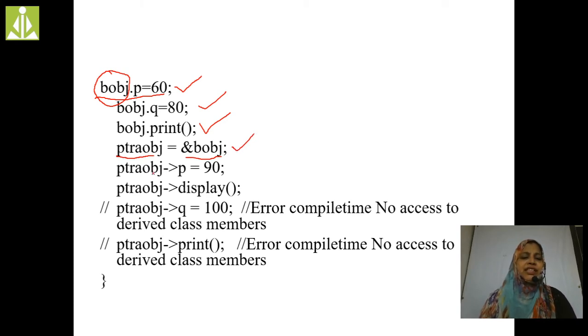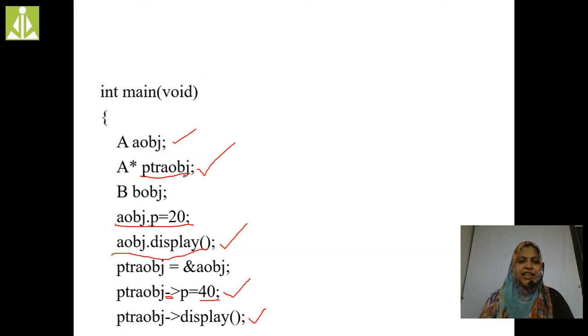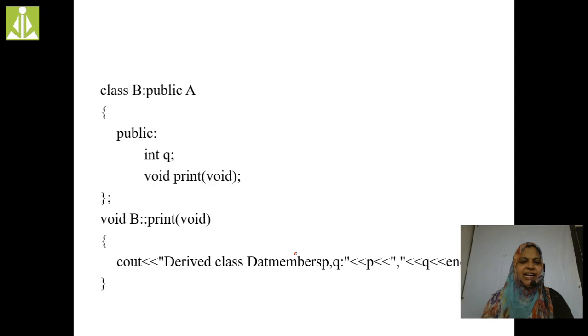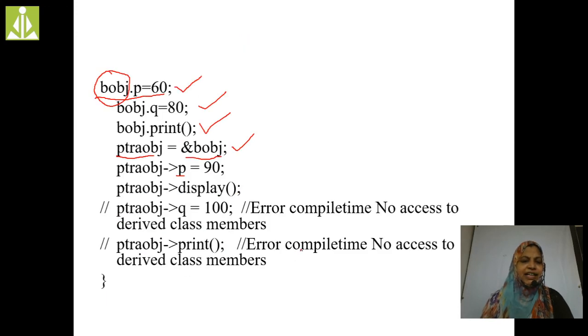Now by using this pointer variable we can access the public data members of its base class: ptra->p. What is this p? See here, p is the public data member of its base class. A is the base class, p is the public data member of its base class. Directly we can access it, right? This statement is also the right one.